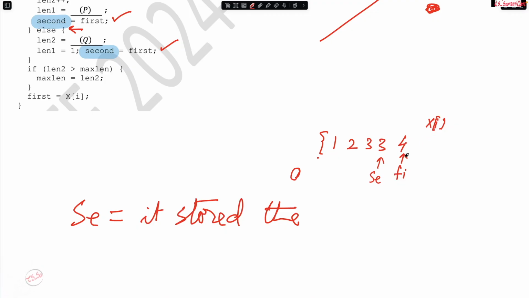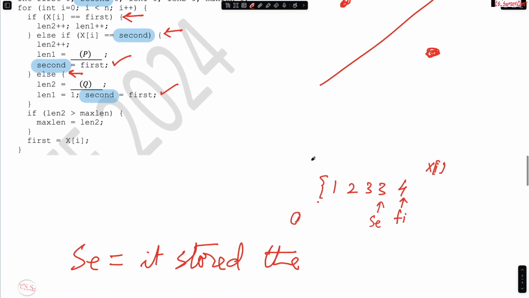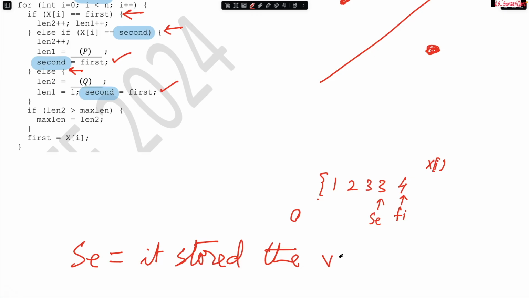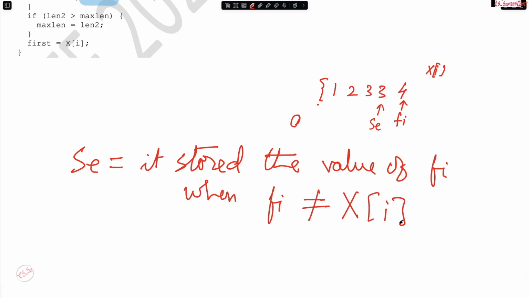That is what it is holding, right? Because it is only going to be assigned when this condition is not met. So it stores the value of first when first is not equal to xi. That is the intent of second.